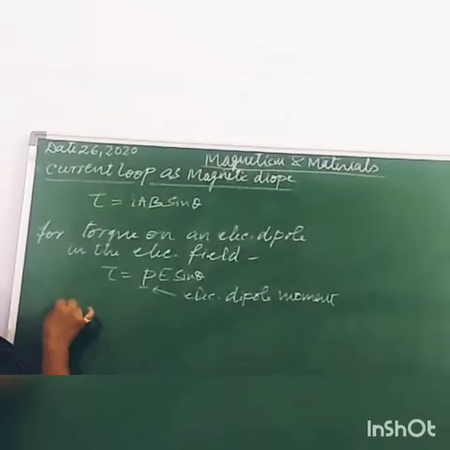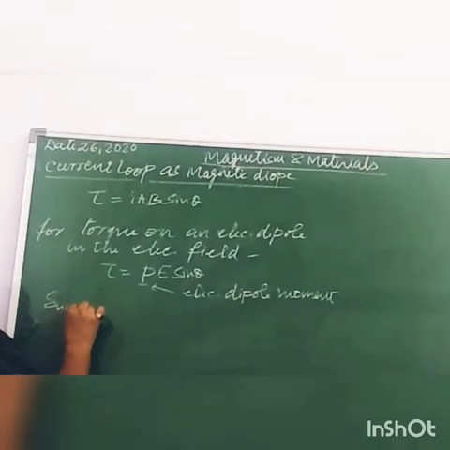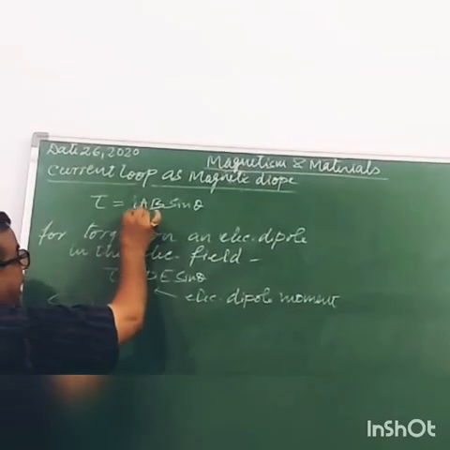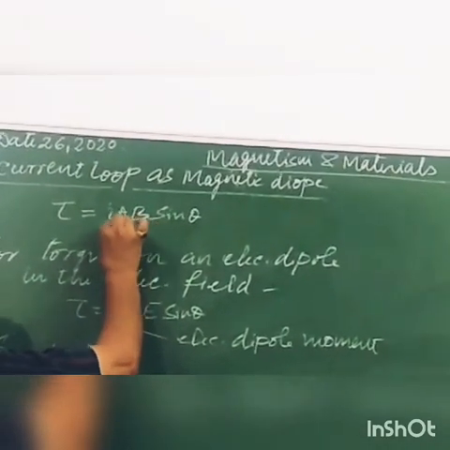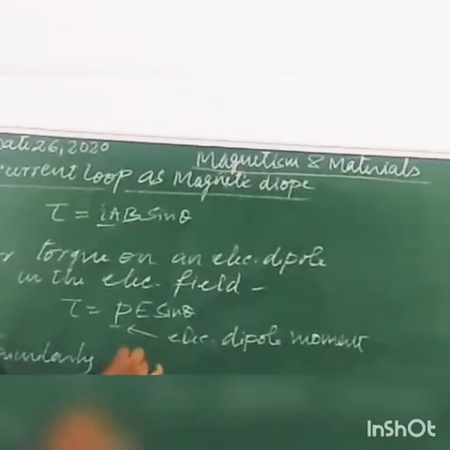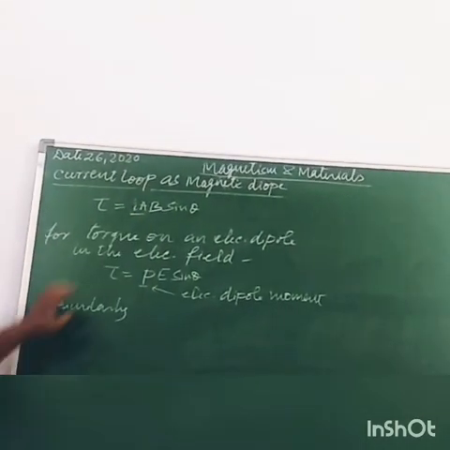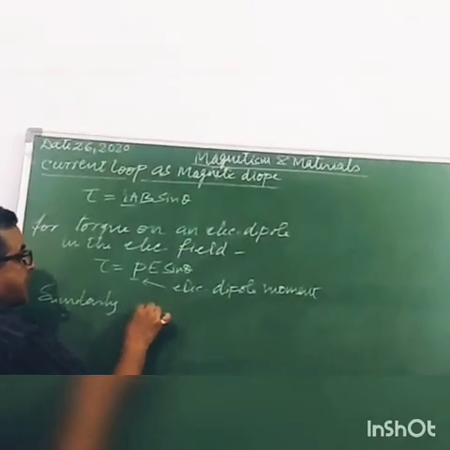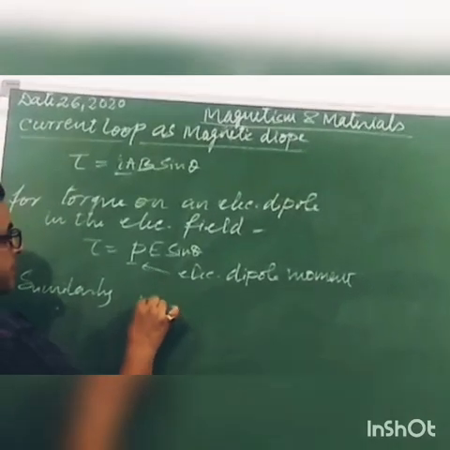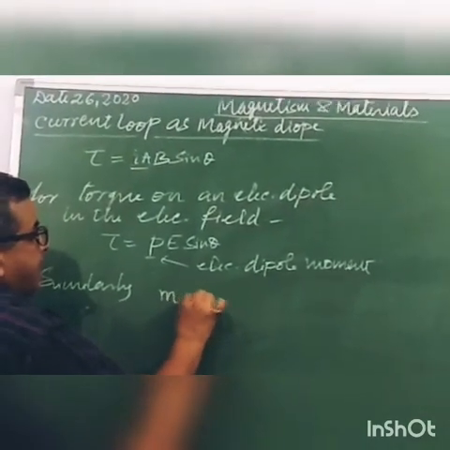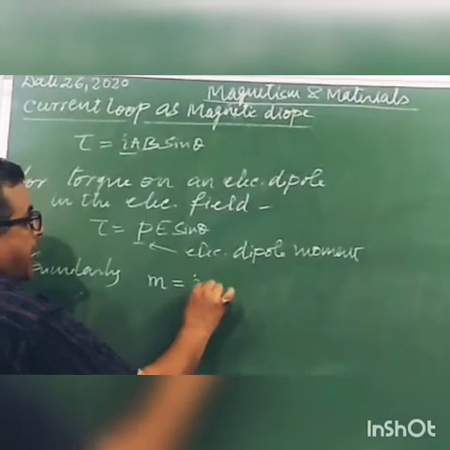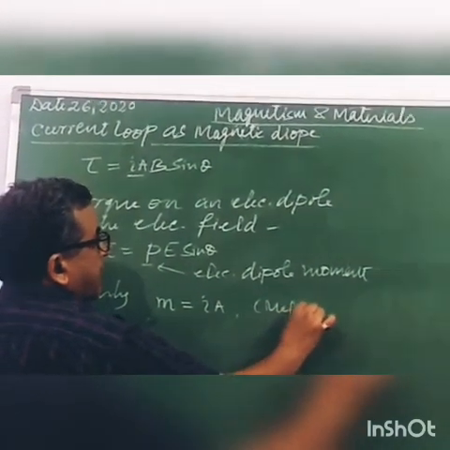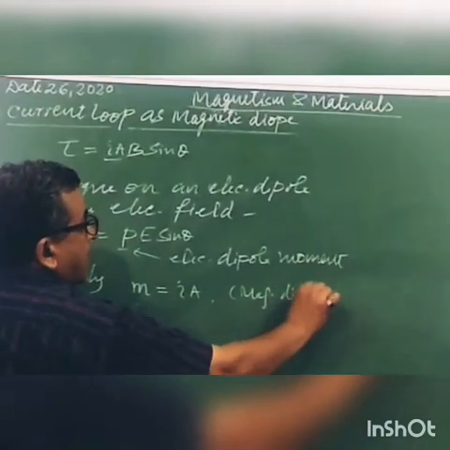Similarly, we can write this IA as the magnetic dipole moment, and it is expressed as M. This M is IA, and it is called the magnetic dipole moment.